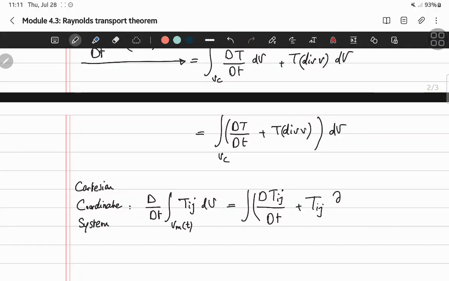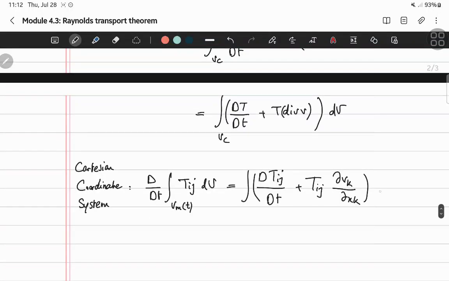Sorry, I said that v is the deformation gradient, but it is just the velocity. So I correct myself. Then we have the partial derivative of vk with respect to xk, which gives a scalar. So we have a second order tensor plus a second order tensor in here, times dV.